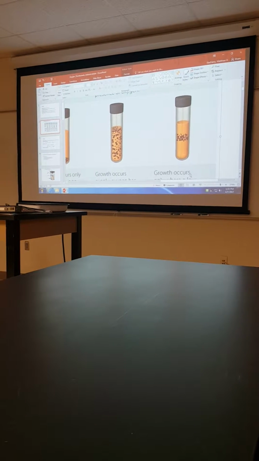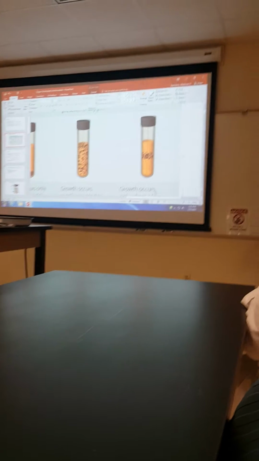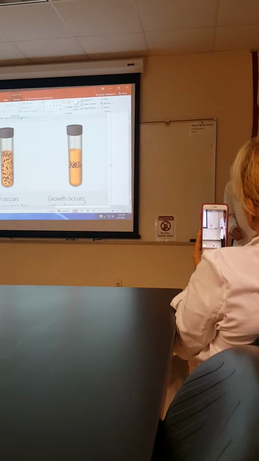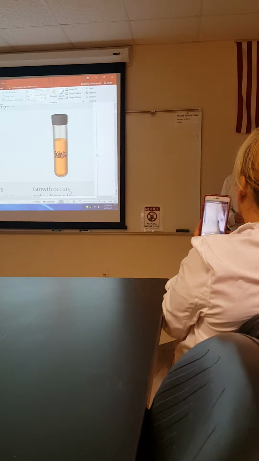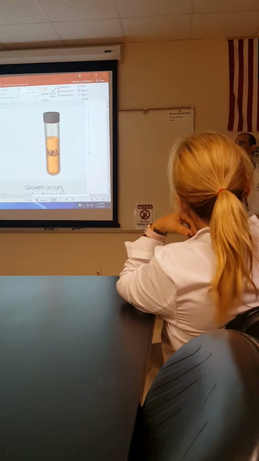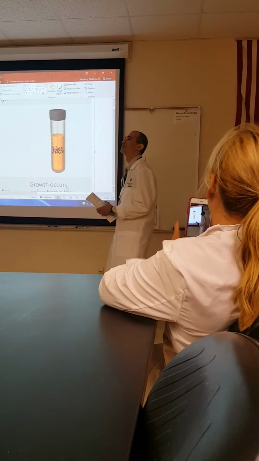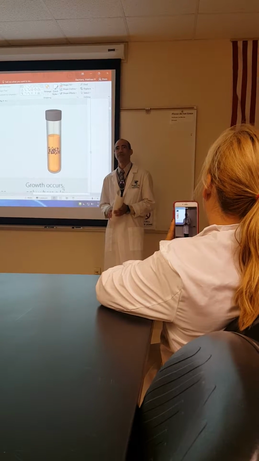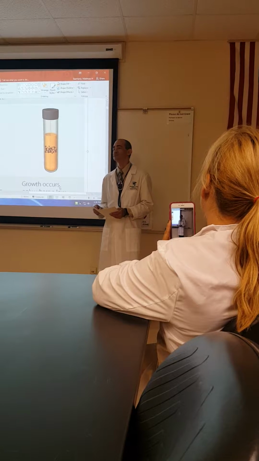So all of those organisms can cause urinary tract infections. Let's say someone has symptoms of a UTI and goes to a physician. What would be the most common method to collect the urine specimen? I mentioned this last week. Yes, a clean catch.